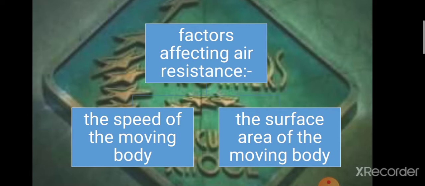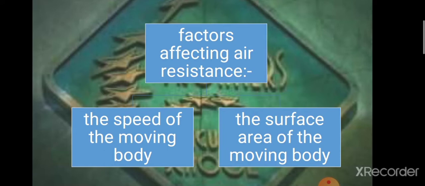Okay, the factors affecting the air resistance. As we said before, if you remember, the friction force is affected by three factors: the surface area, type of surface material, and the speed. But for the air resistance, we don't have a smooth or rough surface, because the surface that it will move in is what?